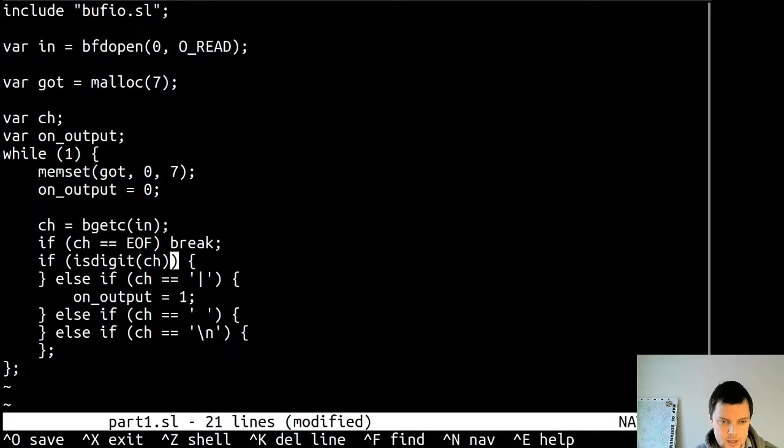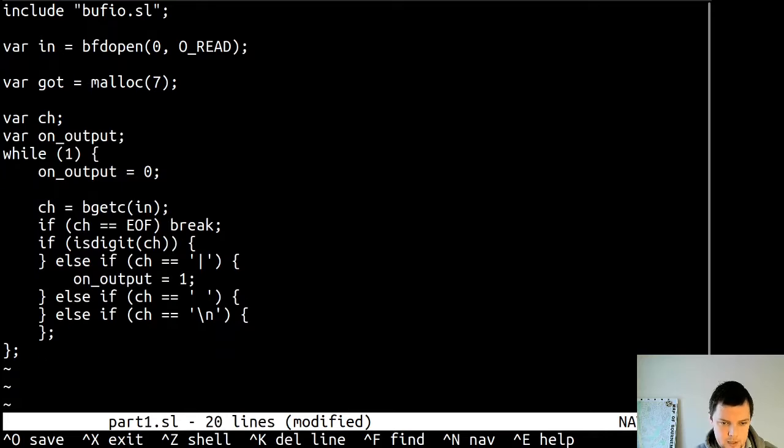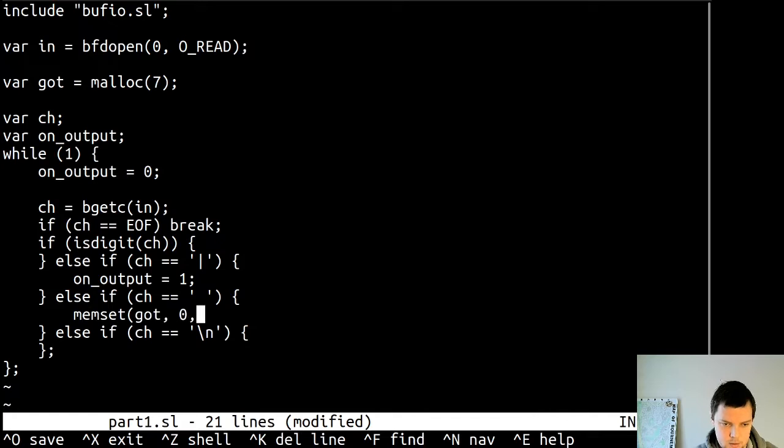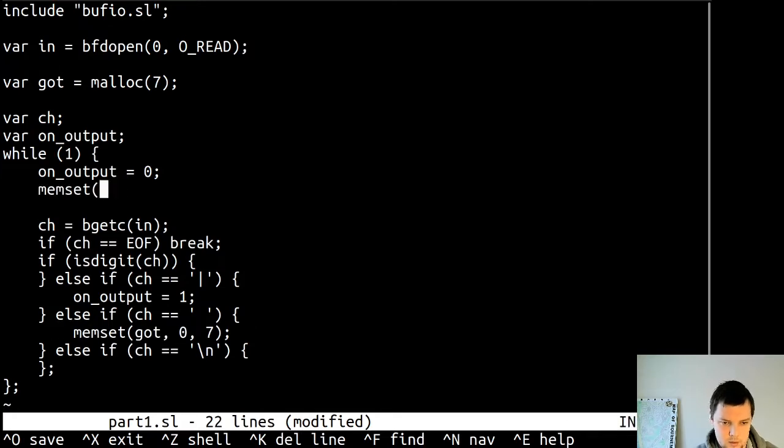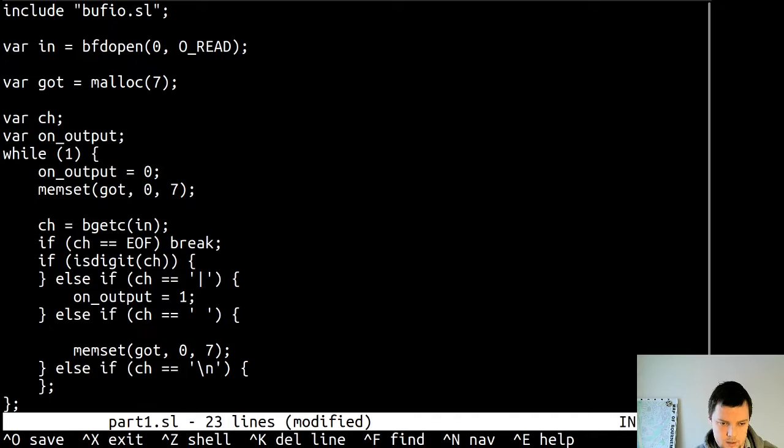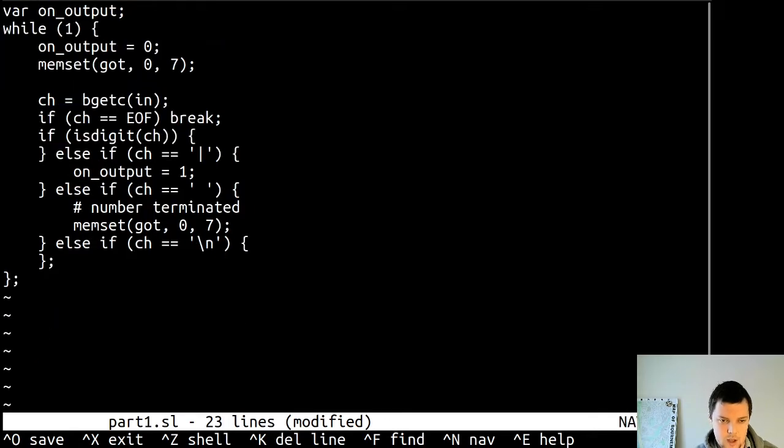If it's a digit, oh no, we want to reset got to 0 when we see a space, and in fact also at the start of the line. When we see a space, the number is terminated, and when we see a new line, the number is terminated.